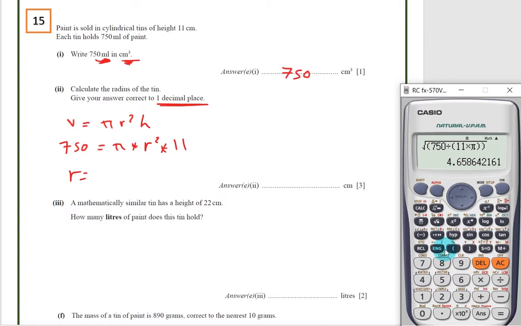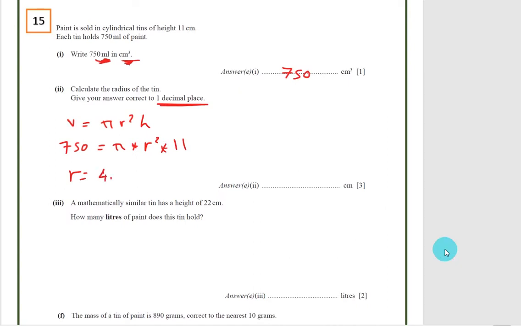So the radius will be 4.66 centimeters. 1 decimal place, so the answer will be 4.7 centimeters.